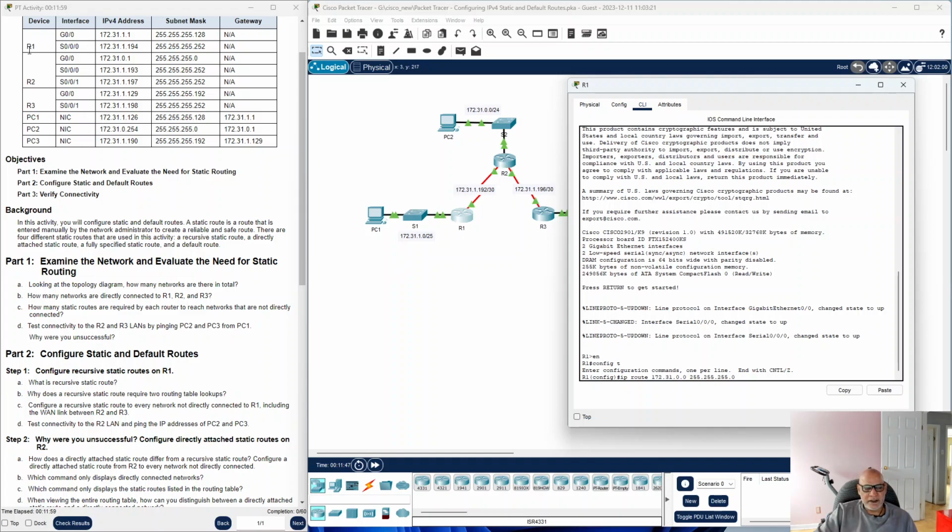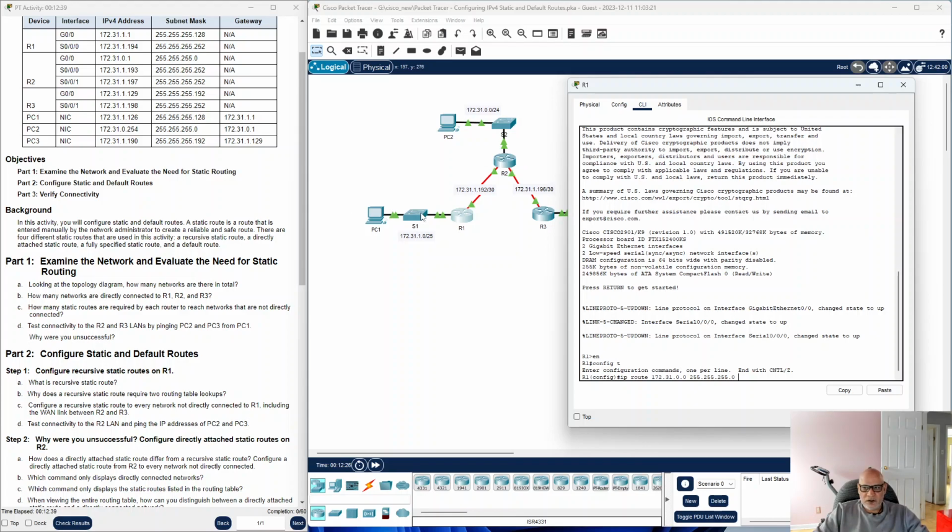R1 is connected to R2 with serial 0/0/0. The IP address of S0/0/0 is 172.31.1.94, and on the other side, R2 has this IP address, 172.31.1.93.